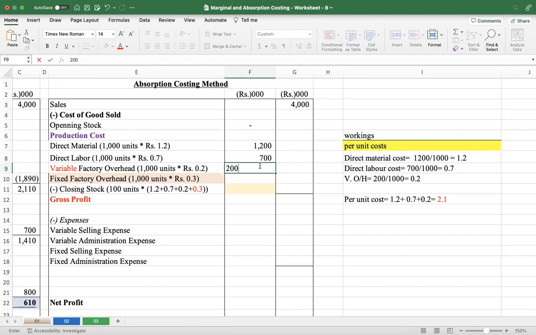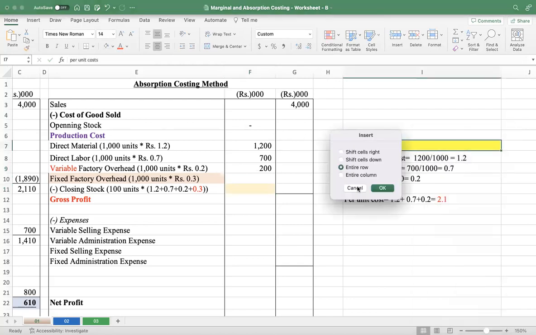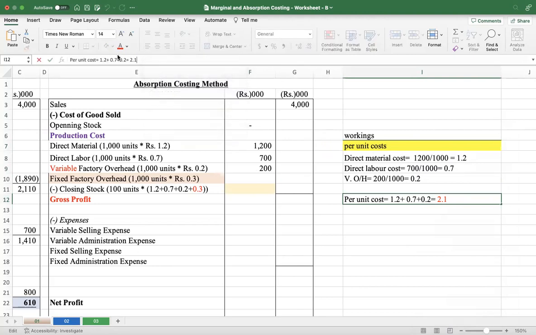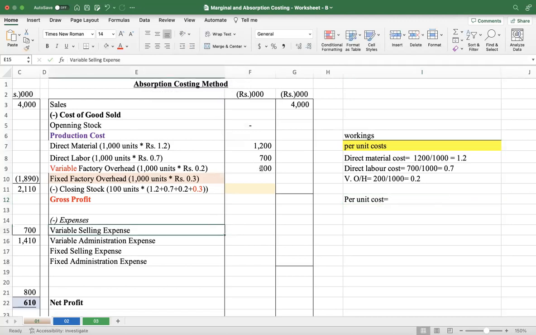That's why we are finding the cost per unit. If they have given us the value of the closing stock, then we don't need this working to find per unit cost. Clear? We are doing this working to find the value of the closing stock. So variable factory overheads, okay. Then the per unit cost we found as 0.2.